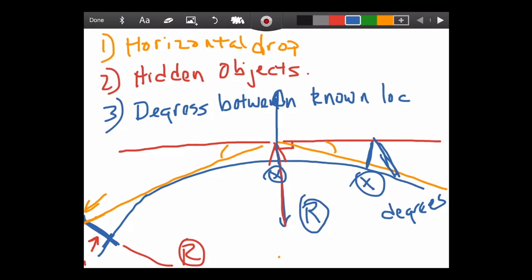So right there is 3 direct measurements of the radius of the Earth. This latter one here finds the radius by calculating the circumference.